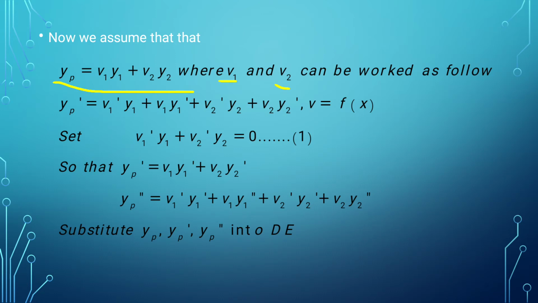If we get the first derivative of the particular solution, using the product derivative rule, you'll find, if you expand, this is what you get. Remember, v is a function of x, so you get the derivative of that.